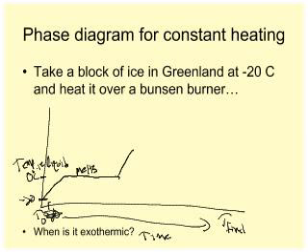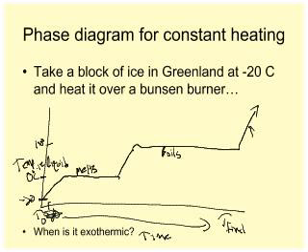Okay. And then it plateaus. And that would be at 100 degrees Celsius. And guess what happens there? Boils. And then it's going to keep getting hotter and hotter, and this is where it's going to be gas.